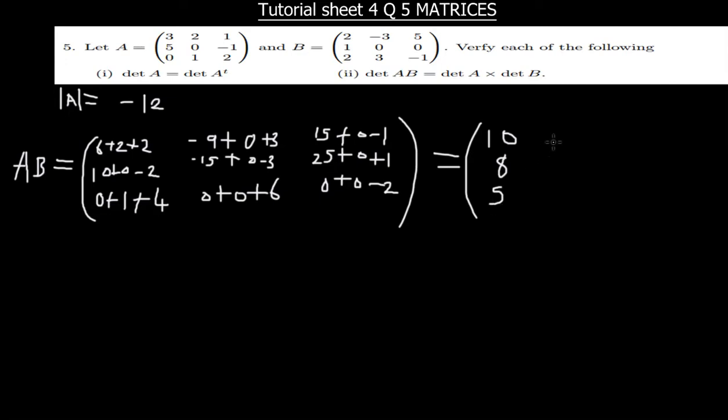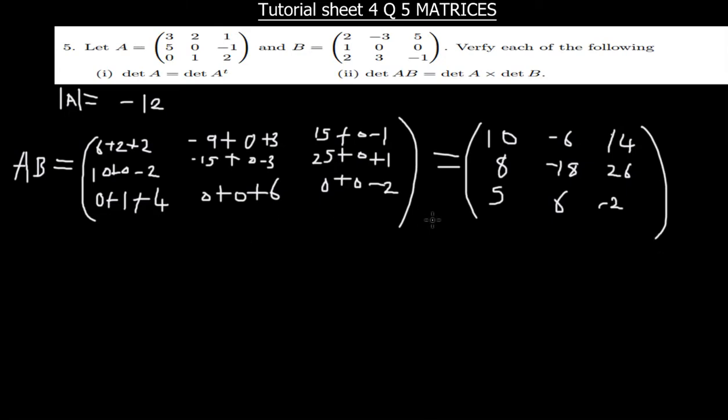Then when you add there, you get negative 6. You add there, you get negative 18. Then here you get your 6. And then there you get your 14. Then there you get your 26. And then down here you get your negative 2. So this is the value for A times B.